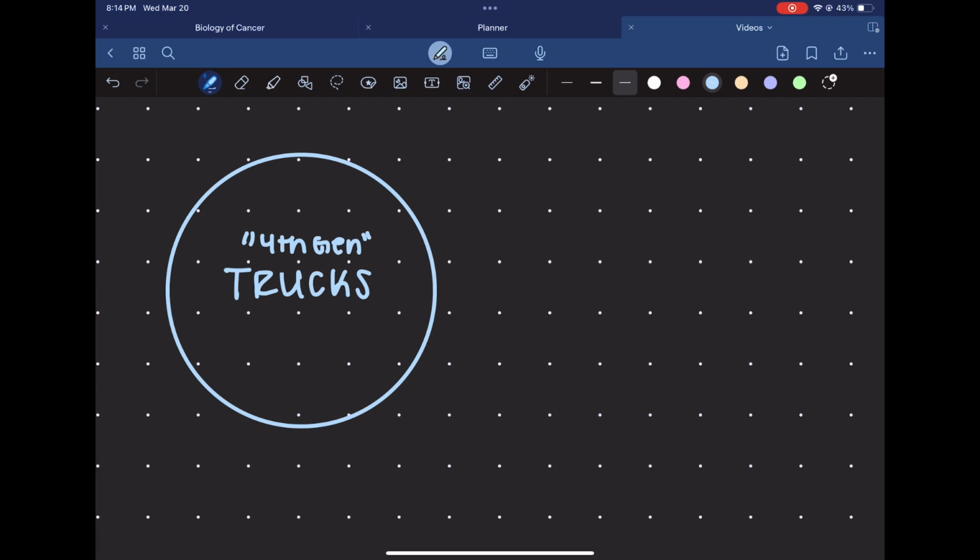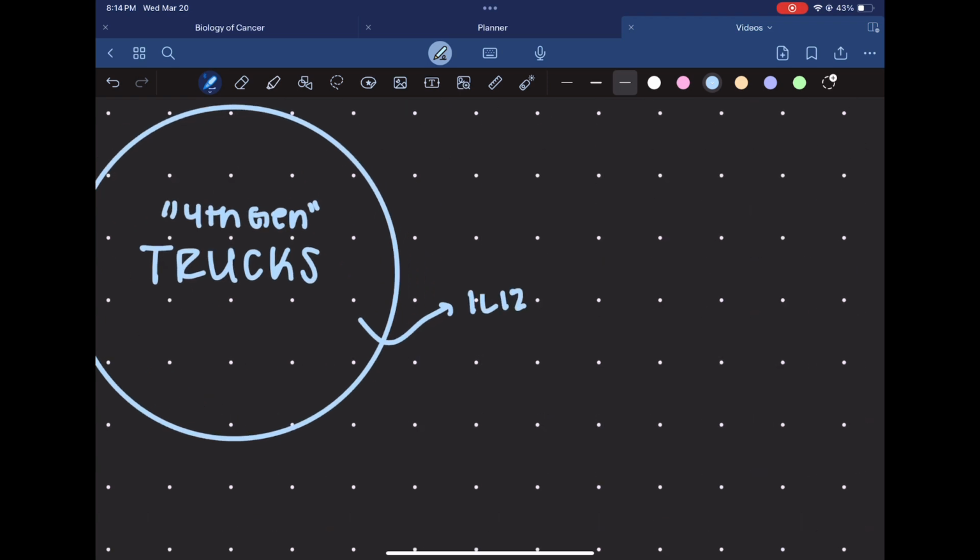And kind of the big modification that was made here is that they're going to secrete interleukin 12, which is an immunostimulatory molecule.